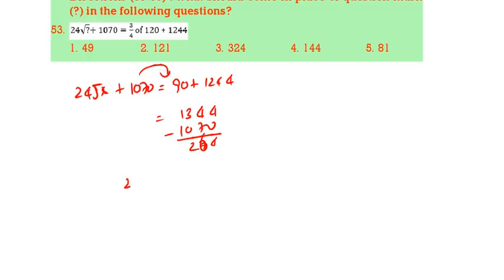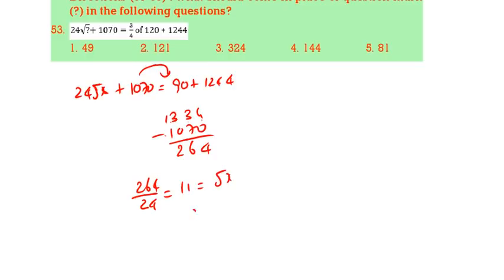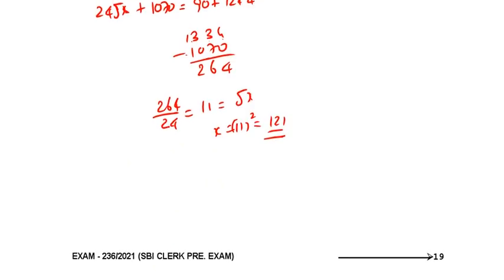Sorry. 1244 plus 90, that is 1344. 1344 minus 1070. This is 274. Then 264 by 24, 11. 11 is equal to root x. X is equal to 11 square. The 11 square value is 121. 121 is the correct answer.